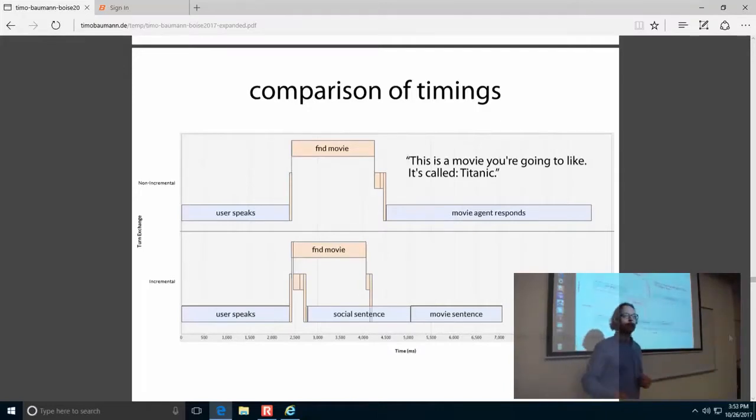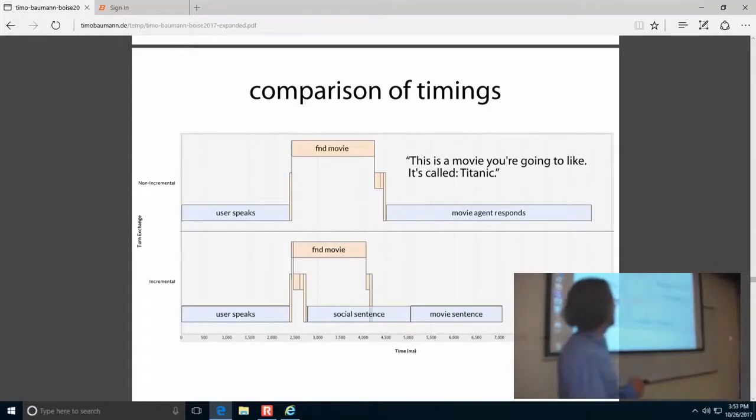Depending on the conversational strategy that our system has, it's going to say what we call this social sentence, and afterwards actually gives you a recommendation. As you might notice, the conversational strategy is relevant for this, and we don't really need to know the movie to praise the user or try to bond with the user. We only need it for the second sentence.